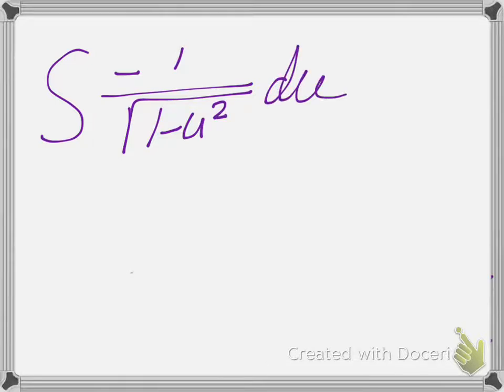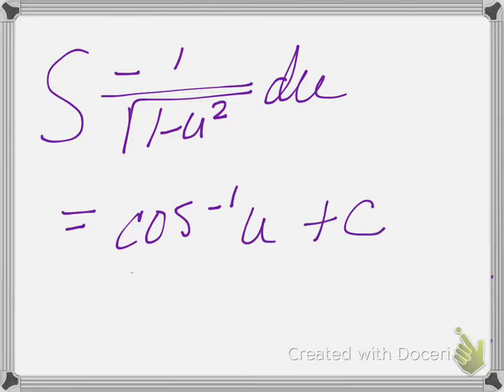Because you'd be using the u, you would have to recognize that that is one of the trig derivatives, and that whole thing would just equal cosine inverse of u plus c. Okay, so how can you remember these? You just have to memorize them, unfortunately. It's extremely annoying.